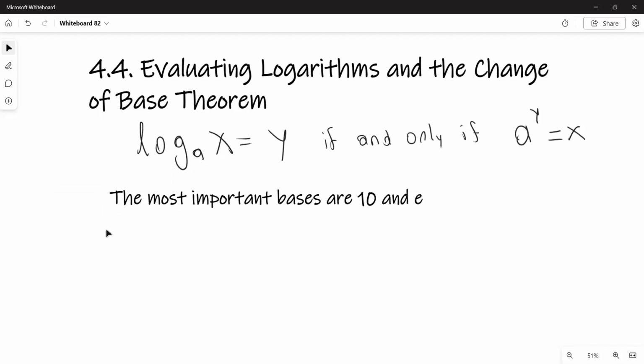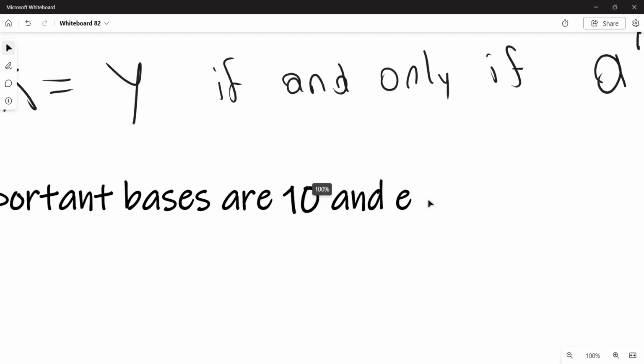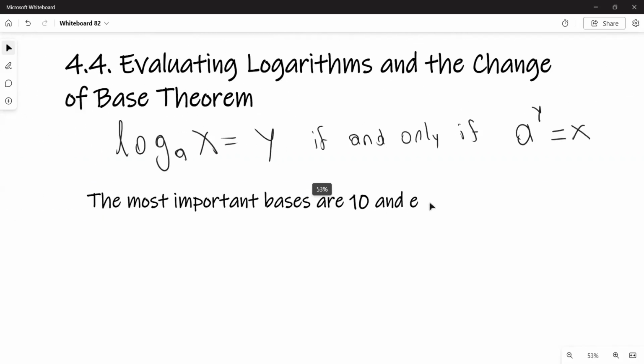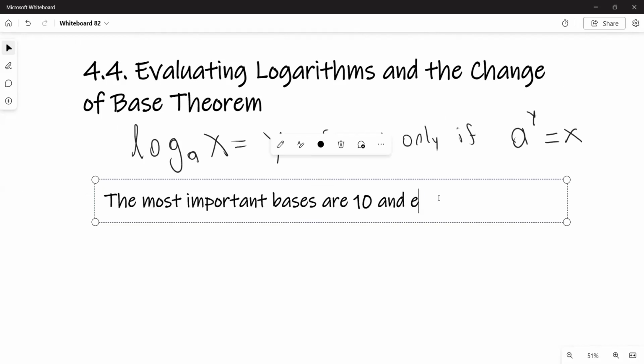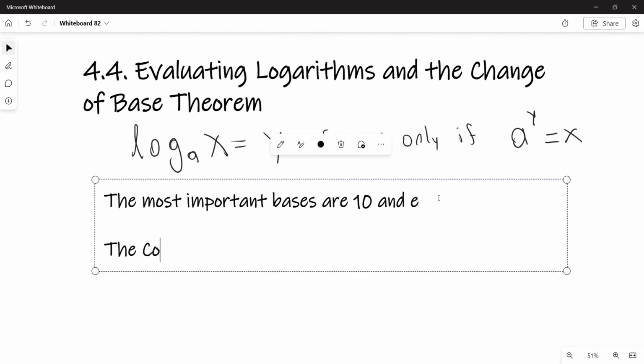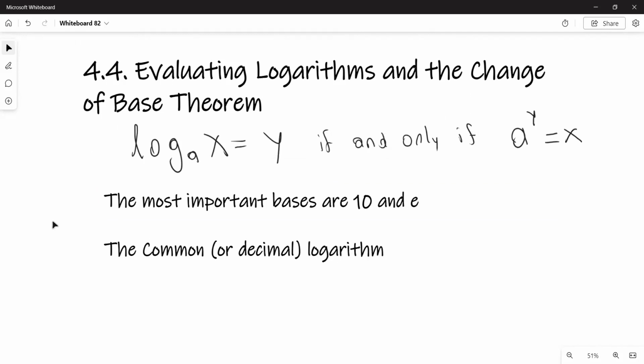We're going to start with the common or the decimal logarithm. Okay, so the common or decimal logarithm is nothing but the logarithm with base 10.